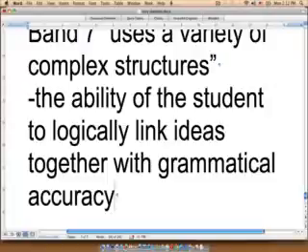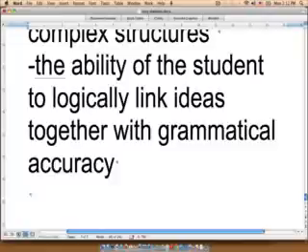Now, this does not have to be done with very long, elaborate sentences. Often when I teach students in the classroom, I tell them that you are best in your examination to try and write in a concise manner.